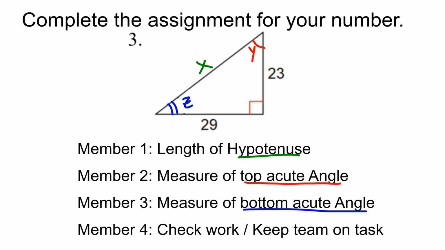Team member 4, your job is to make sure that the team stays on task, and you're going to check and confirm that you agree with the work that the rest of your team has done. So take about 5 to 10 minutes to do that, and then you guys can compare your answers with the answers I'm going to put up, as well as the answers of your classmates.